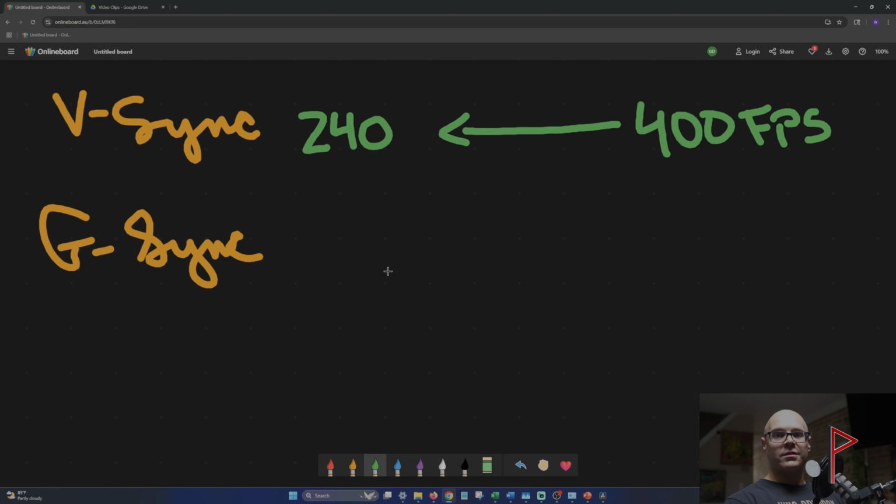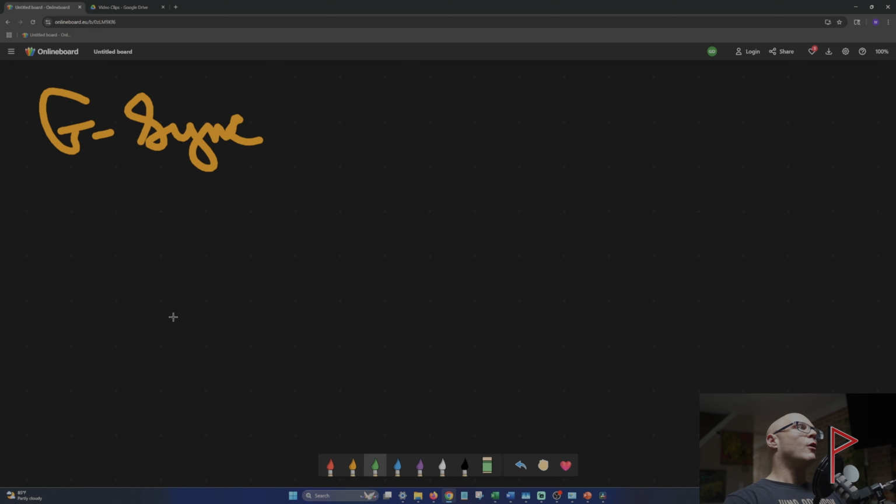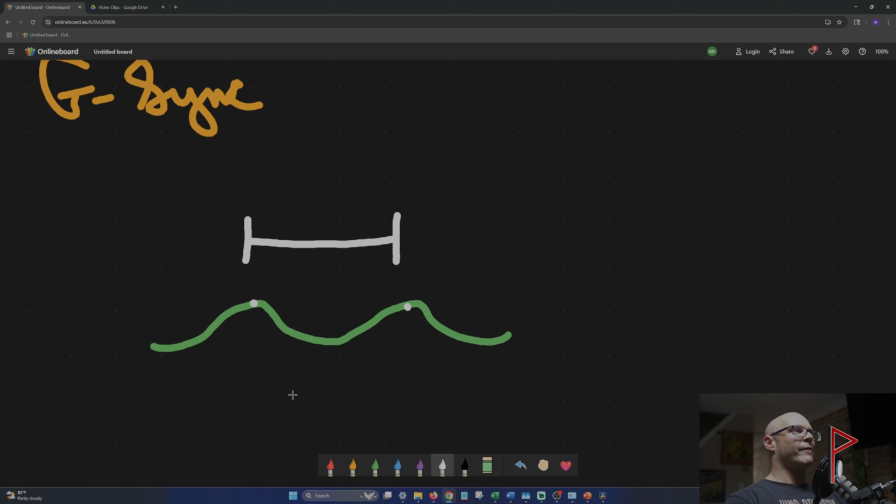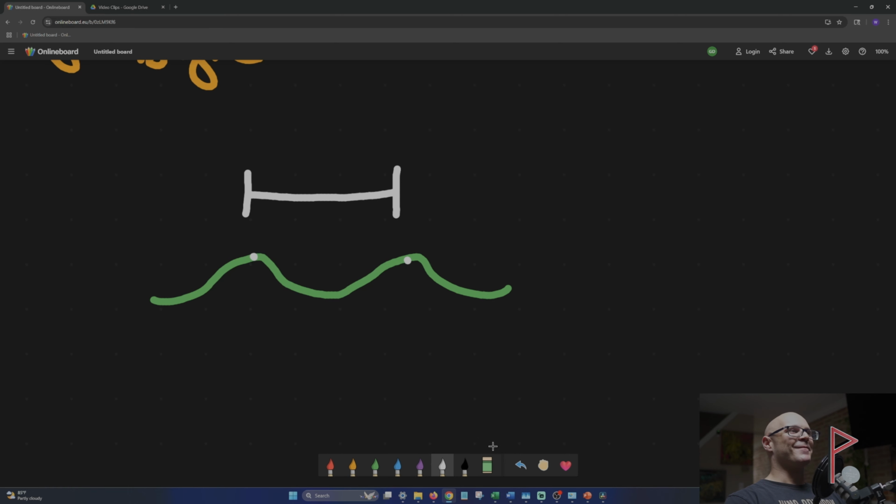Because 1 hertz equals 1 frame, right? 1 hertz, here's your waveform. Okay, so there's your hertz. And the space from this crest to this crest is 1 frame. All right, don't say anything about that drawing.